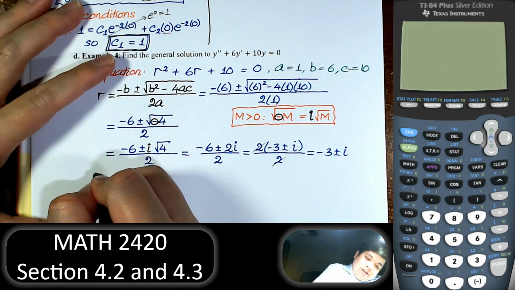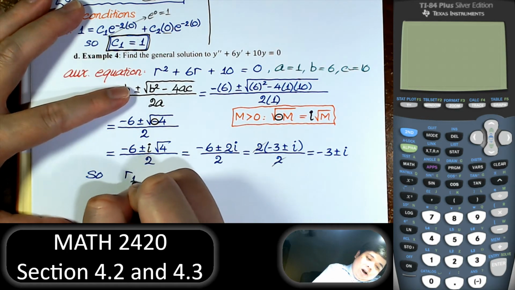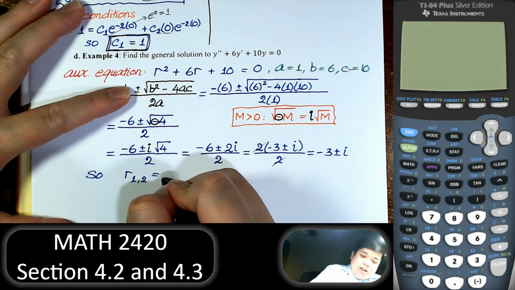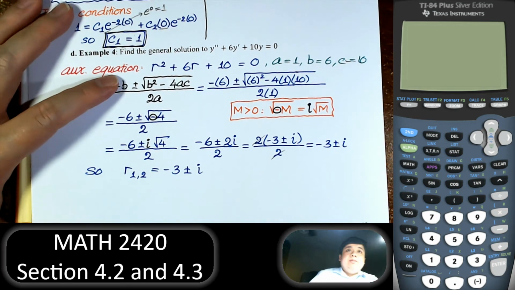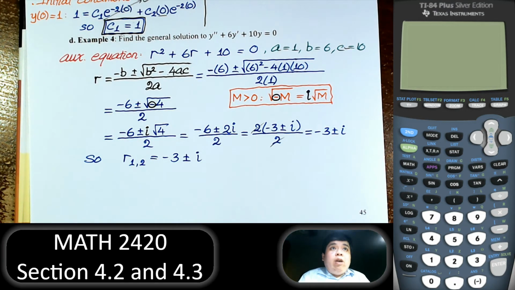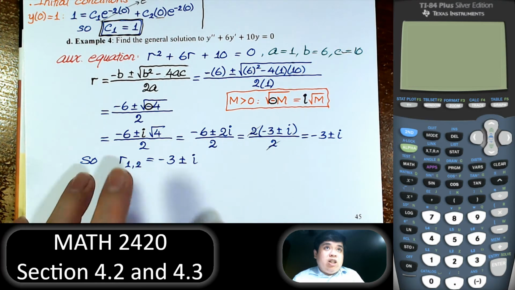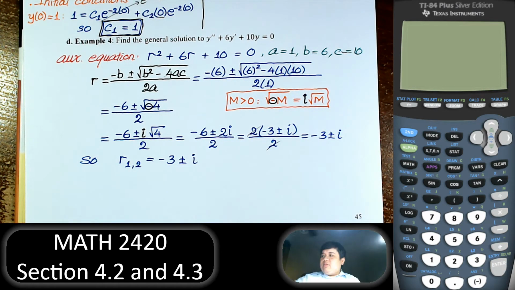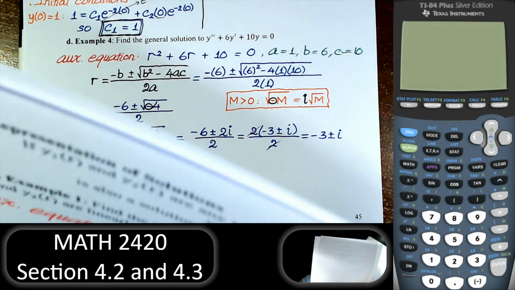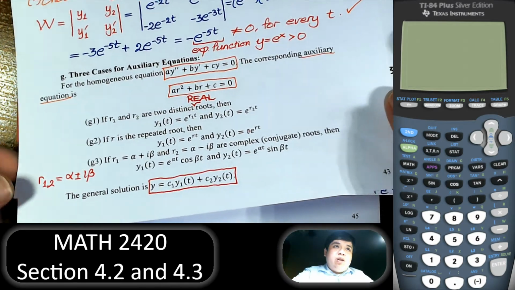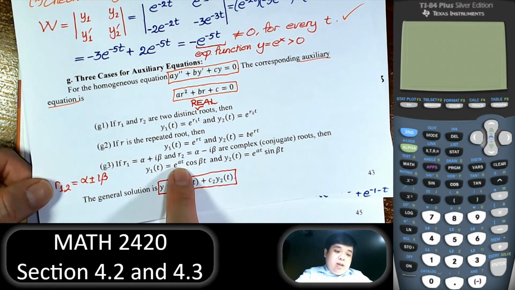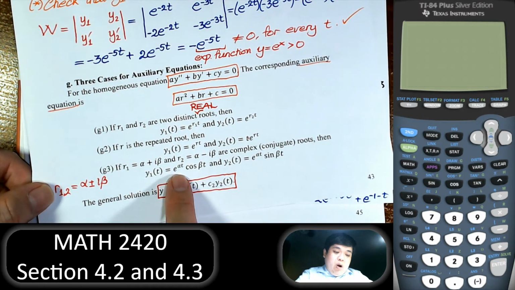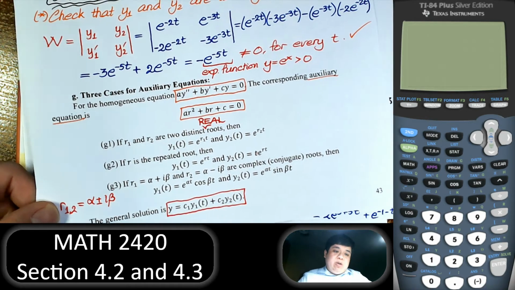So we have r1 and 2 is negative 3 plus or minus i. Usually if it is a complex solution, I'm going to write it together like this. Right. Case number 3. If the solution is in this form, then we have e to the real part times cosine and sine of the imaginary part.